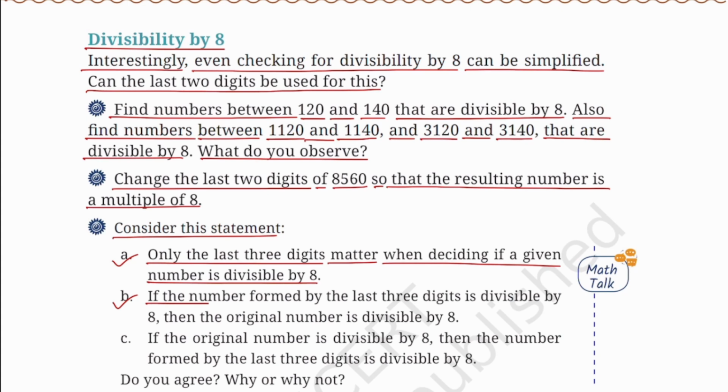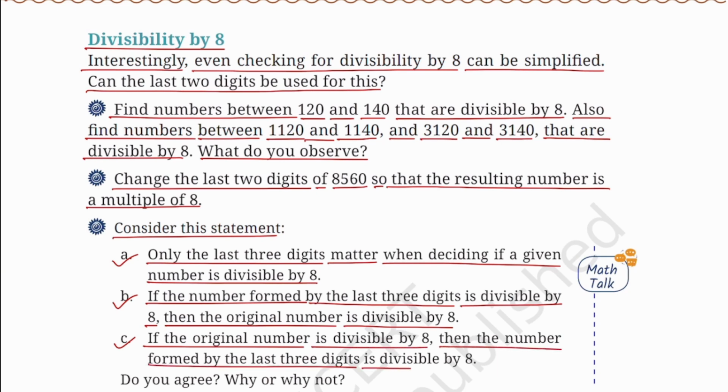B. If the number formed by the last three digits is divisible by 8, then the original number is divisible by 8. C. If the original number is divisible by 8, then the number formed by the last three digits is divisible by 8. Do you agree? Why or why not?